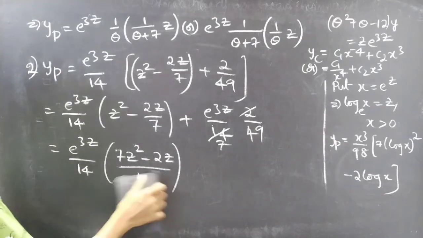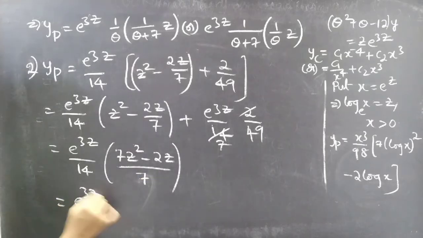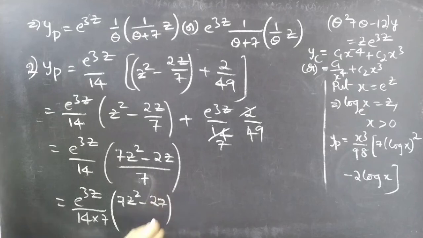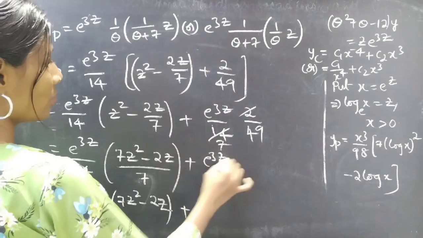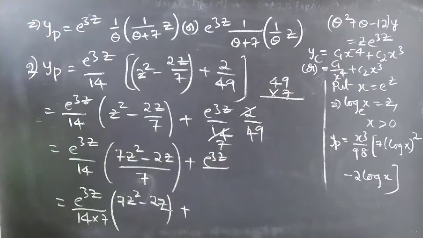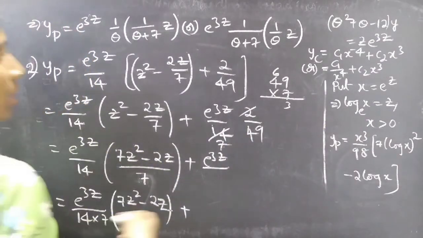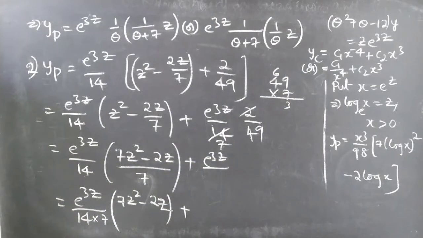Now this becomes e power 3z by 14 into 7z square minus 2z by 14. Sorry, you'll get 7, right? This is equal to e power 3z by 14 into 7 into 7z square minus 2z. 7 9s are 63, 7 4s are 28, 28 plus 6 is 34.